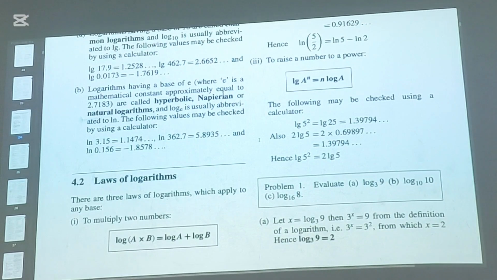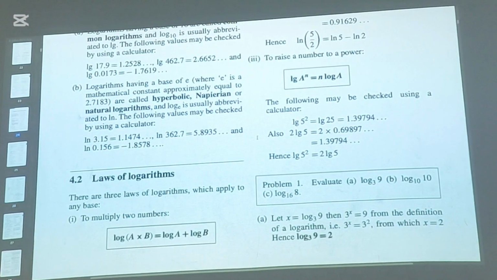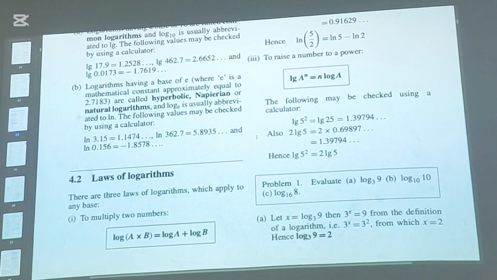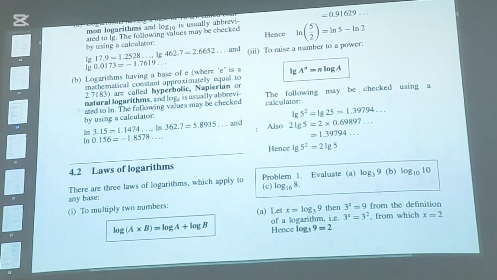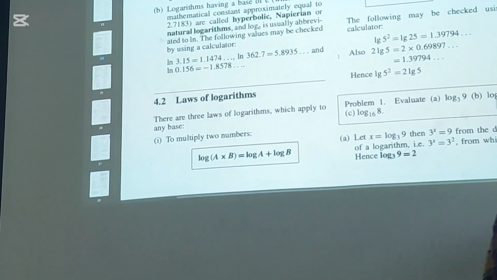After you understand the basic shape of the logarithmic function and exponential function, now we move to the basic laws of logarithms.